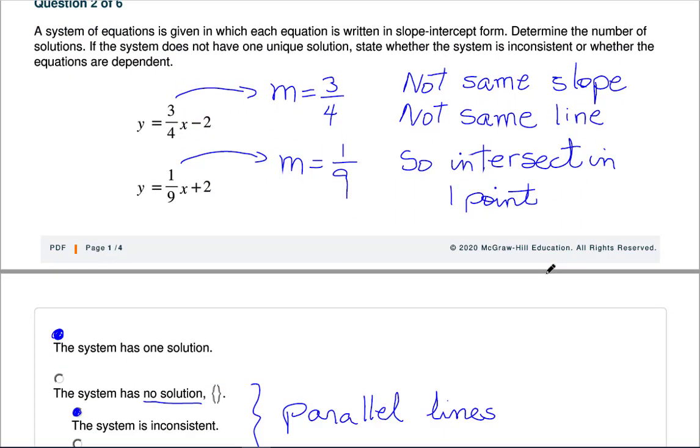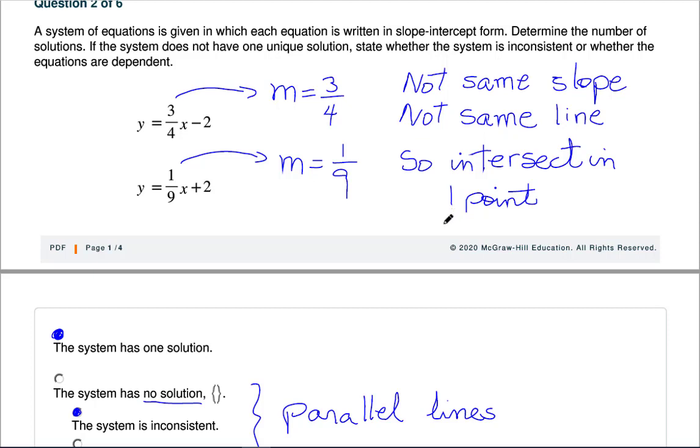All right, in question 2, they are giving us two lines, and they're wanting us to figure out, do they intersect in one point? Are they parallel? Or are they the same line? So looking at it, I'm noticing the slope of the first is 3/4. The slope of the second is 1/9. Well, they're not the same slope, so they're not the same line.